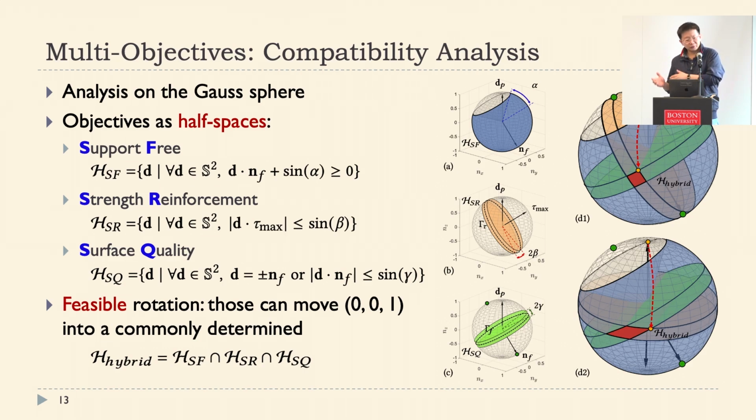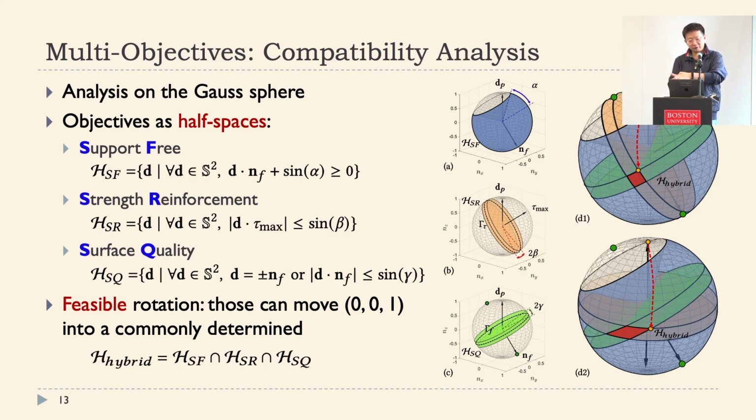Each of those requirements actually defines a kind of half space in the Gaussian sphere, which gives you a definition of the feasible region. That means the region that you are trying to rotate your z-axis into, which gives you the satisfied requirement. So for support-free, you have some local region defined like this. For surface reinforcement, you have another half space.